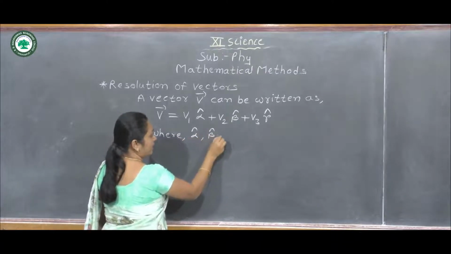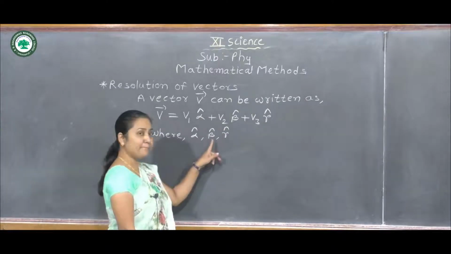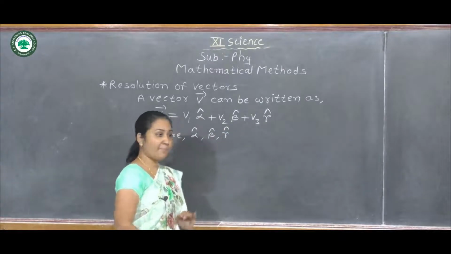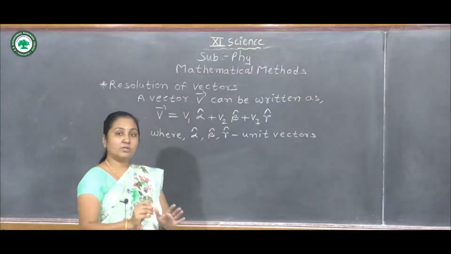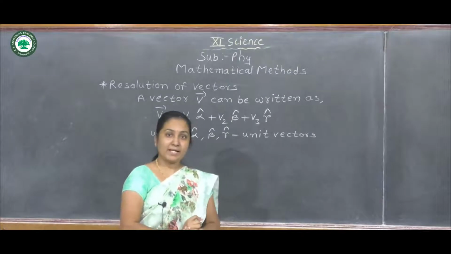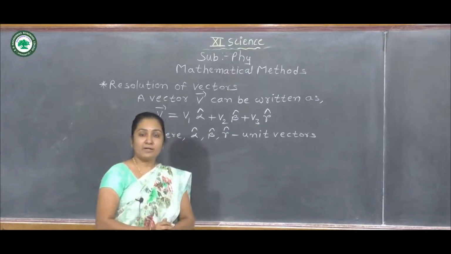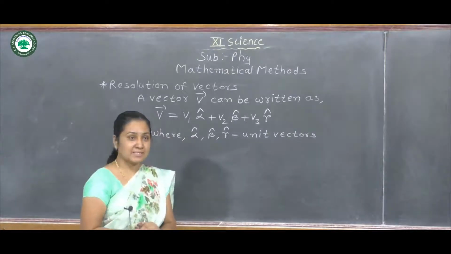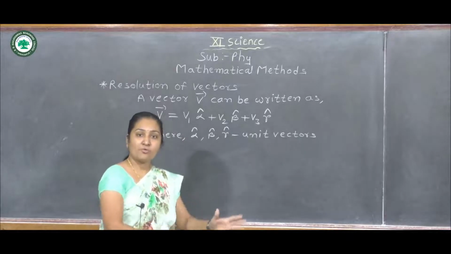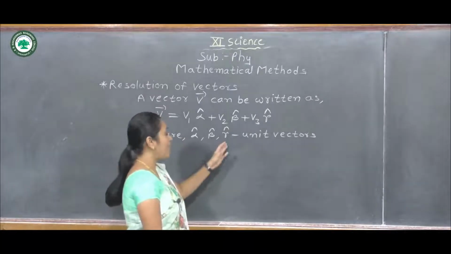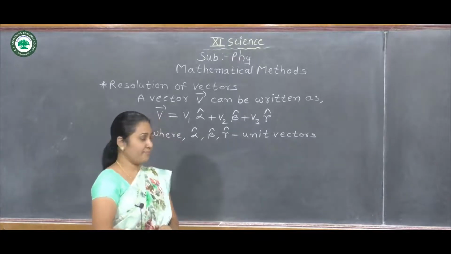alpha cap, beta cap and gamma cap are unit vectors along the chosen directions. That is, alpha cap is a unit vector, suppose along the x-axis, beta cap is the unit vector along the y-axis and gamma cap is the unit vector along the z-axis.